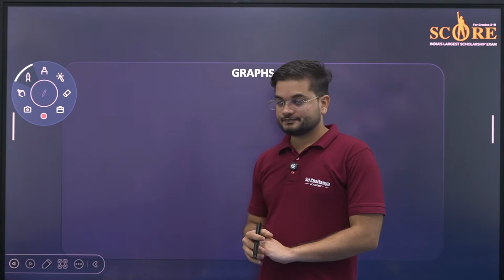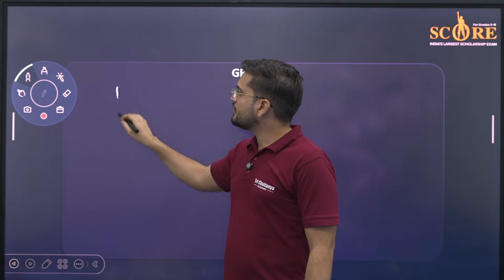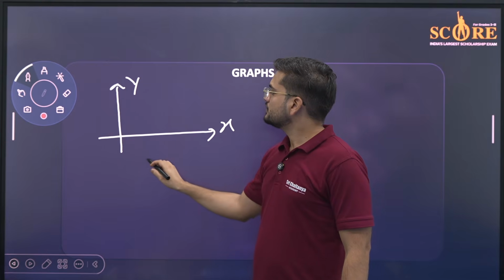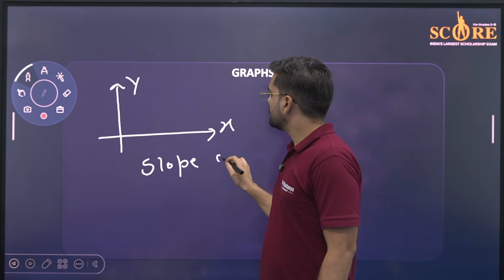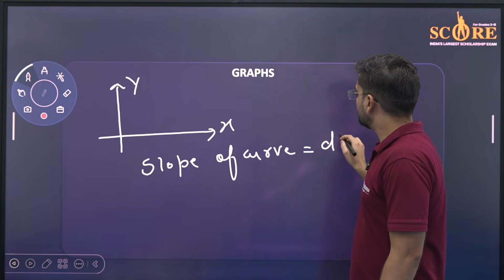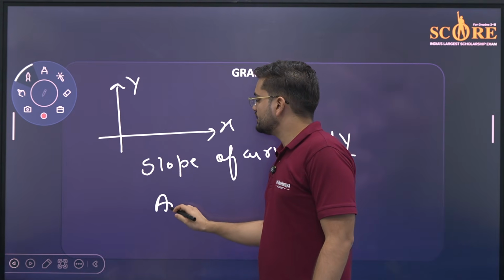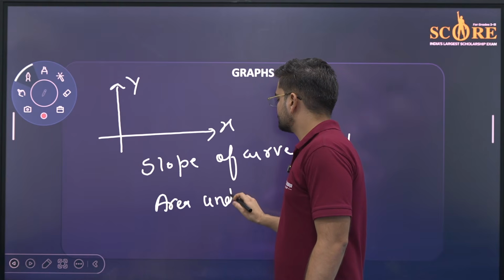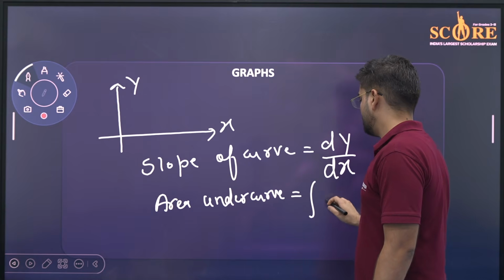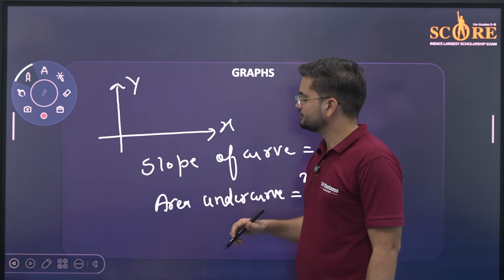So next we will discuss graphs. The basic concept of the graph is, if a y-x graph is given, then the slope of the curve is defined by dy by dx, and the area under the curve is equal to the integration of y dx from x1 to x2.